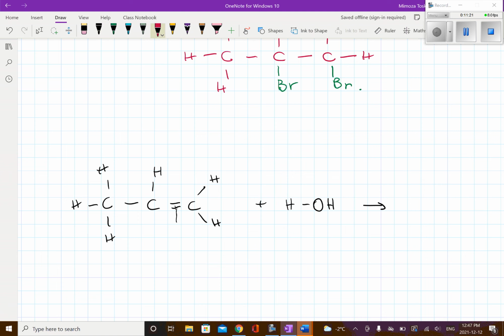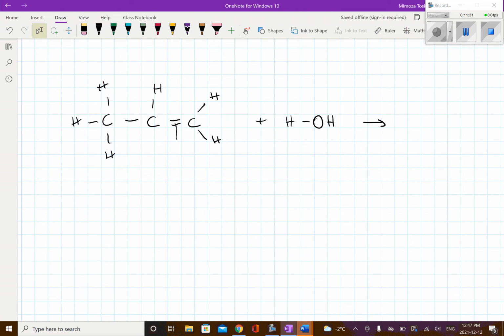If it is broken in a single bond, then addition cannot happen. Then the carbons become tetrahedral. So then you will have CHH, CH, CHH. So all of them will be H's.